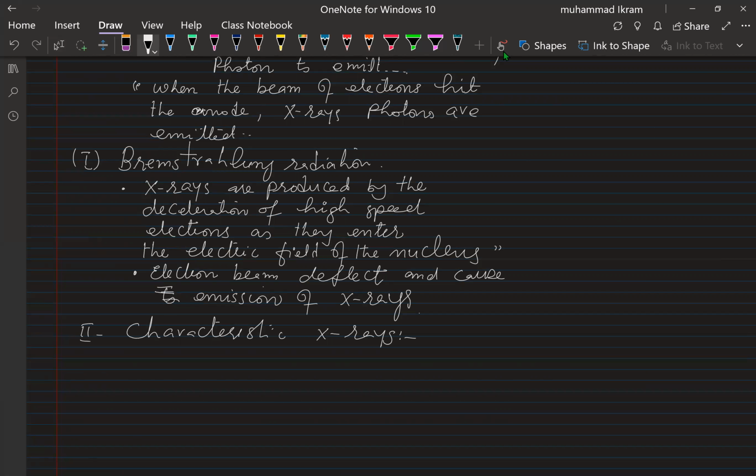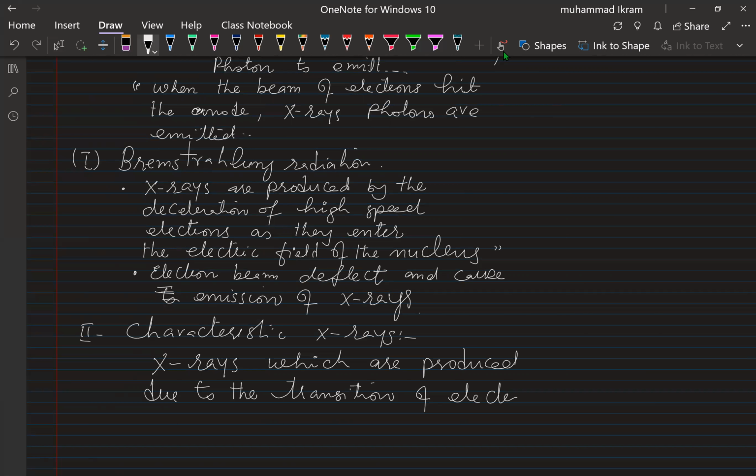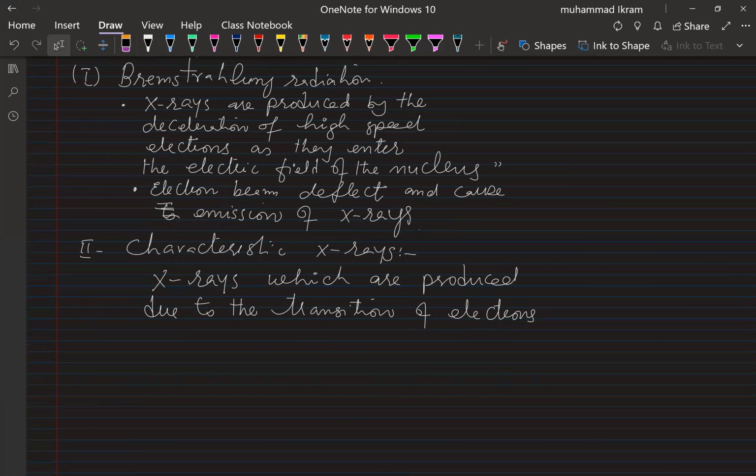Characteristic X-rays are the X-rays which are produced due to the transition of electrons from one energy level to another energy level.